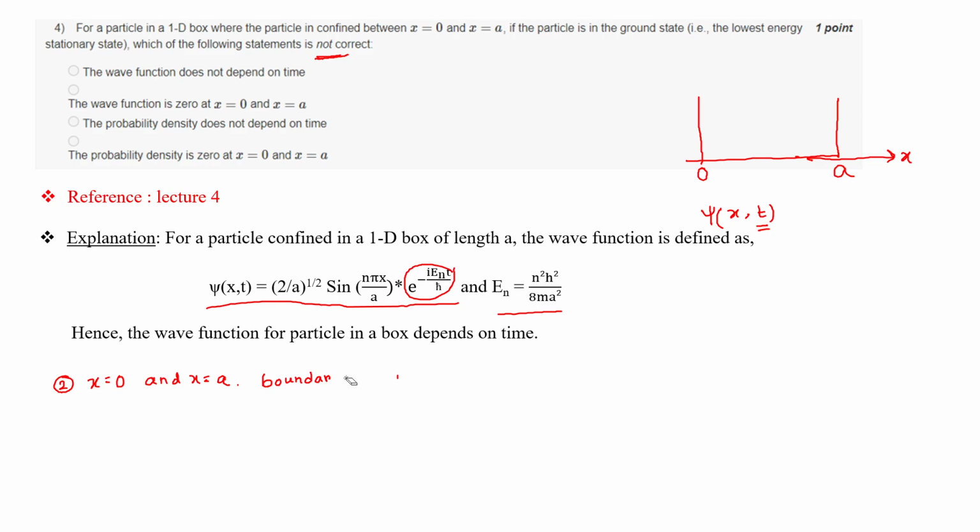So when you are discussing probability density, what will be the density formula? Psi star into psi.